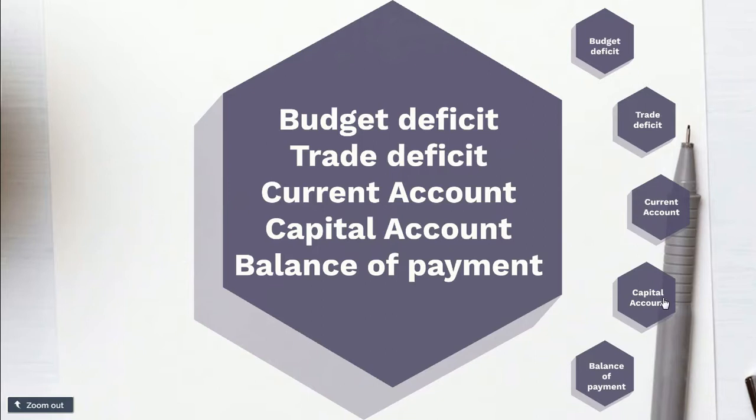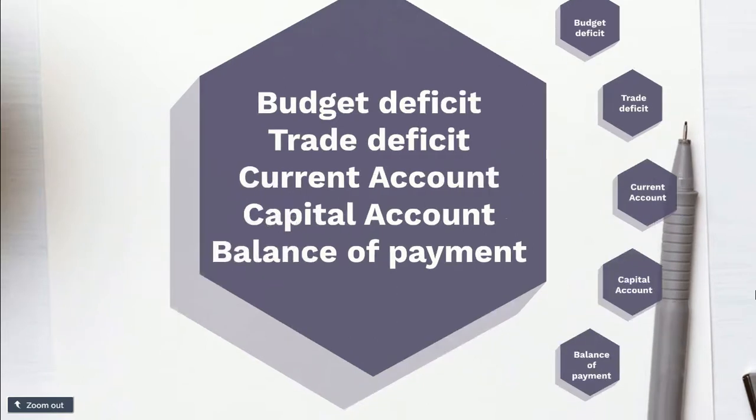Then we did the capital account, which is the long-term investments or long-term inflows and outflows of money. Including all these three, we reach a term which is balance of payment, which I told you about in the first slide. You came across this word.